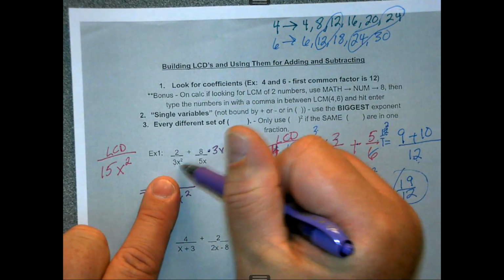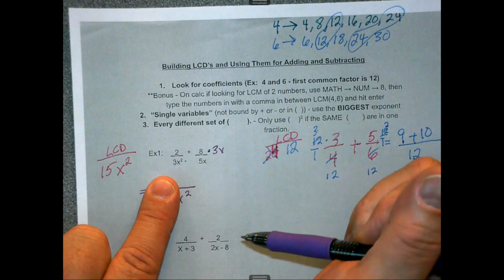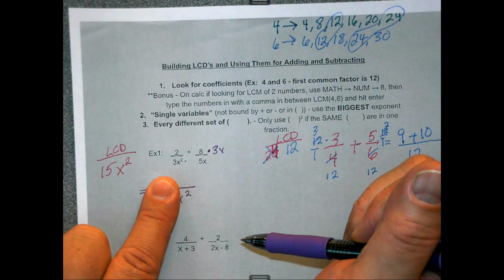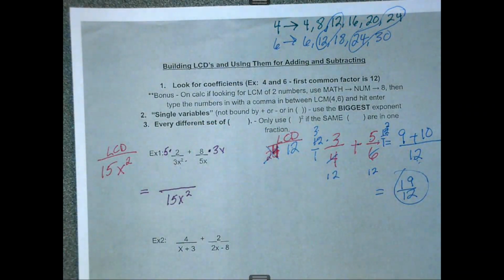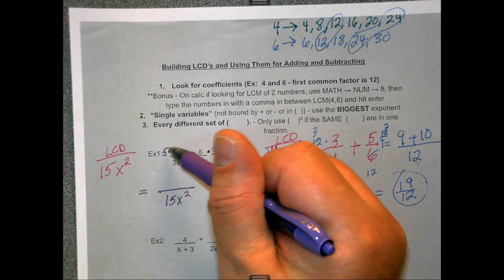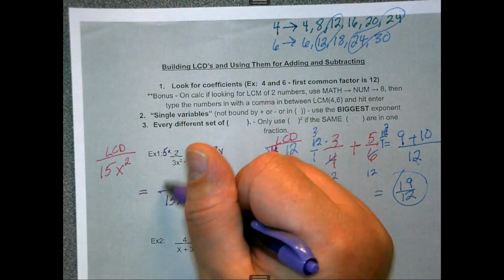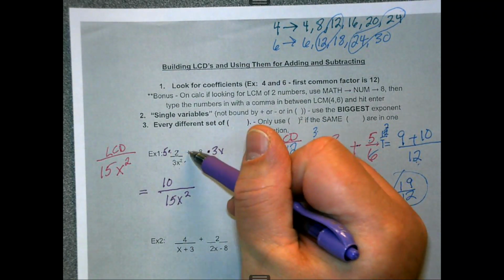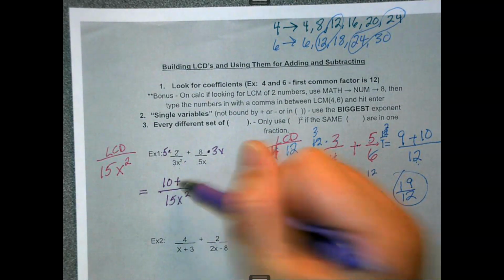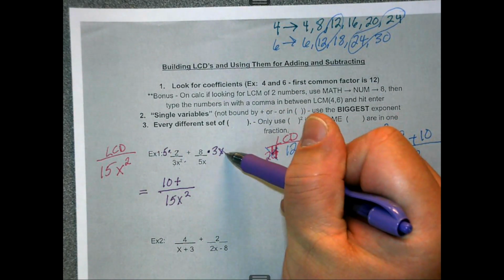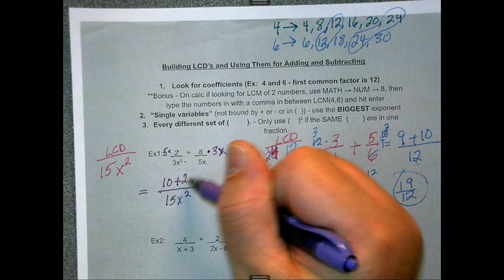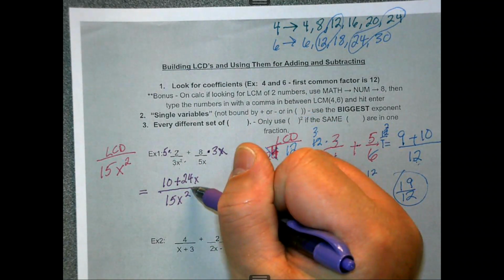How do I make 3x squared into 15x squared? Yeah, you're going to multiply the numerator by 5. So for this fraction, I have 5 times 2 is 10. I have my plus sign. And this side, I have 8 times 3x, 24x. Okay.